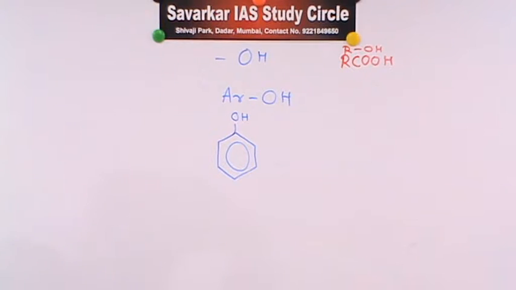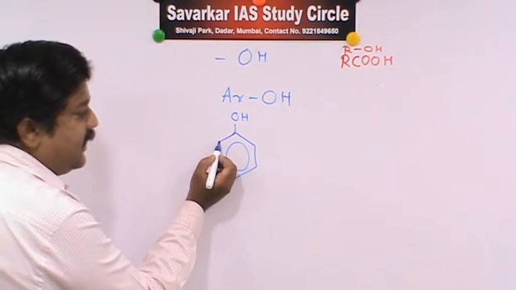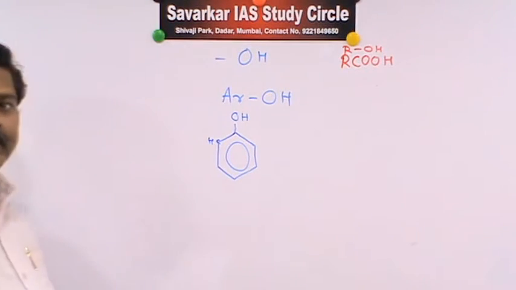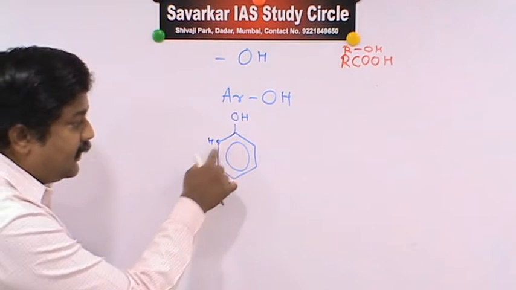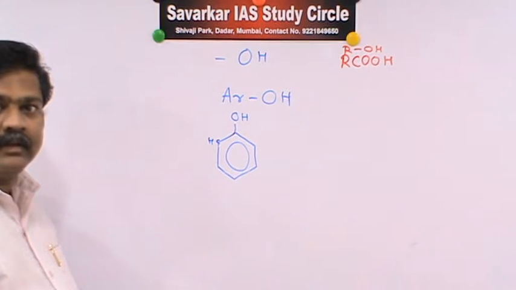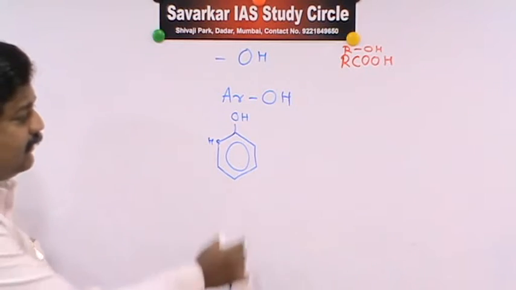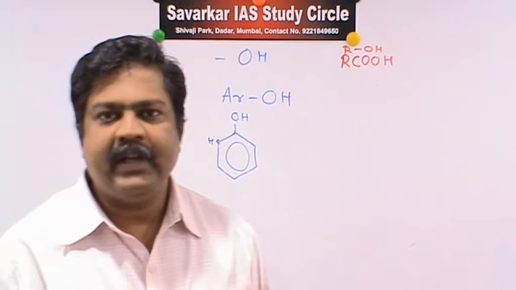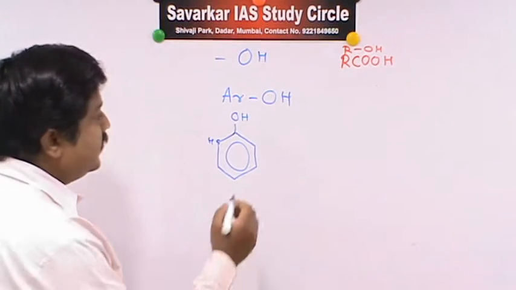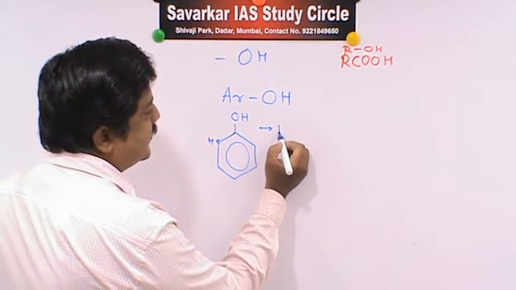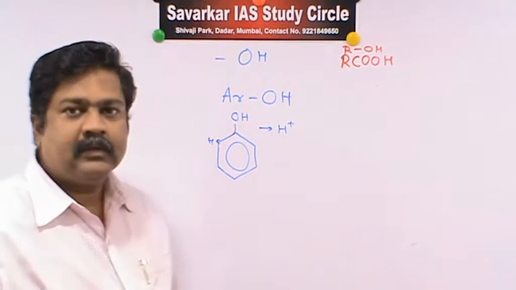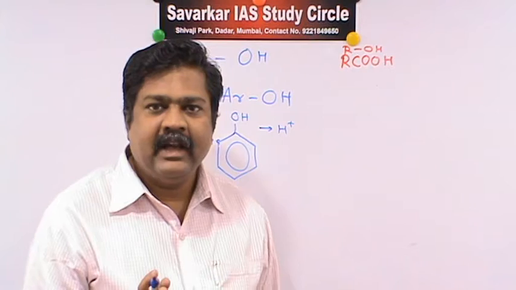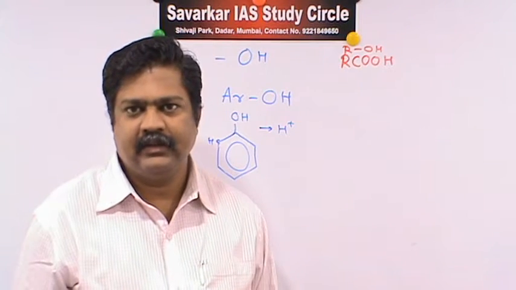Again the same thing: no doubt this ring is made up of carbon and hydrogen only, but still the resonating effect is there, and because of resonance this group has a little more electronegativity than hydrogen. As a result, this group also tends to release H plus ion, but not as easily as in the case of carboxylic acid.